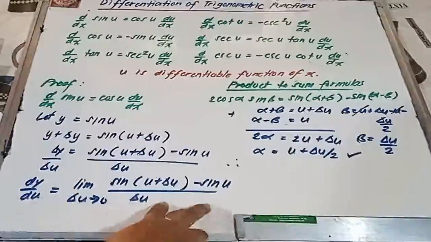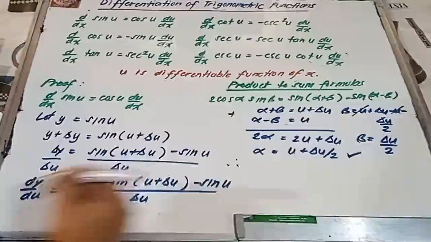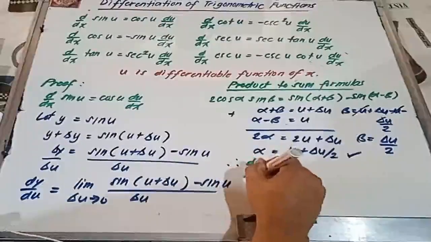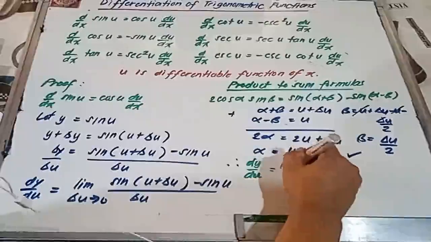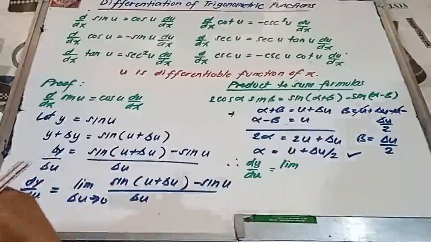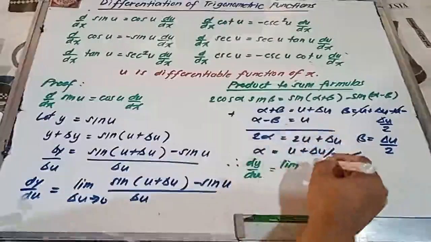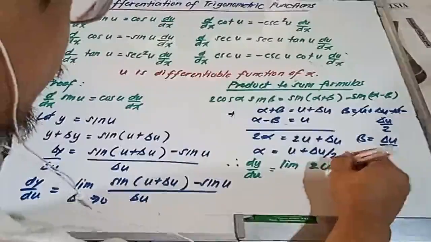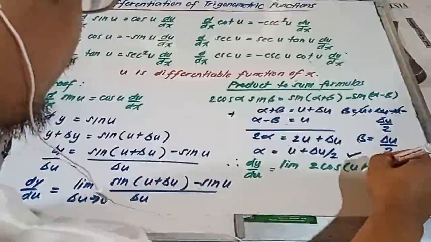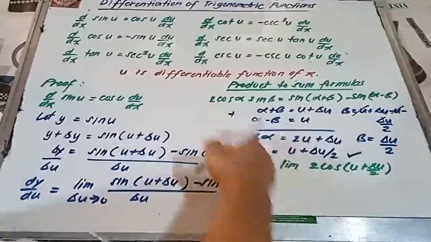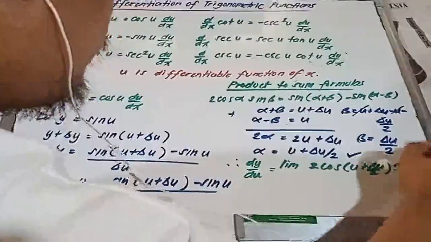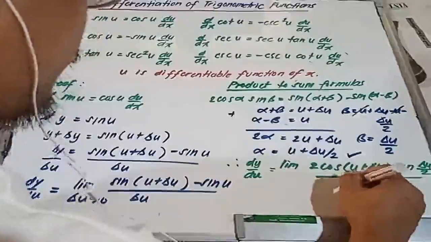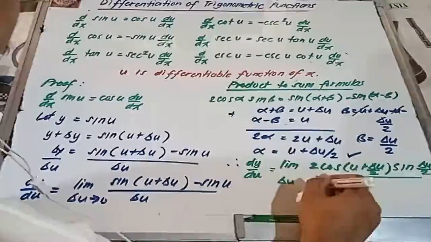So, therefore, our new function here will become, this is dy over du, equal to the limit of 2 cosine alpha, this one, cosine of u plus delta u over 2 times sine beta, which is delta u over 2, as delta u approaches 0.